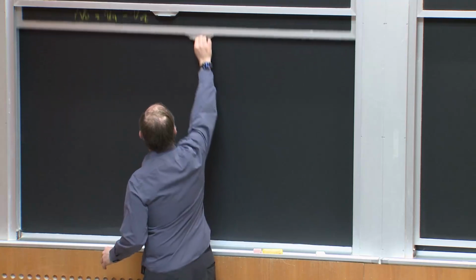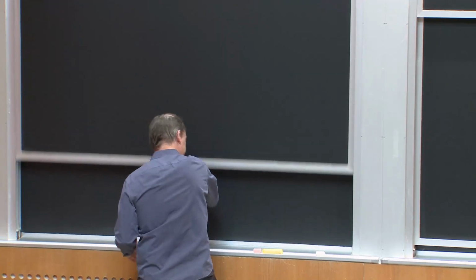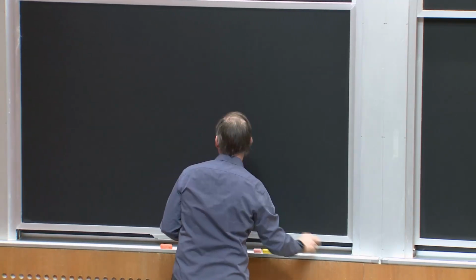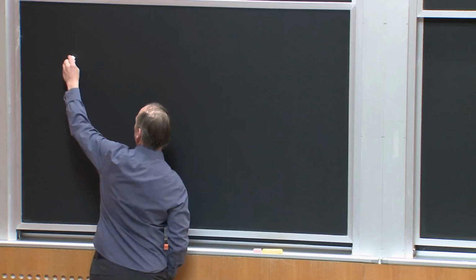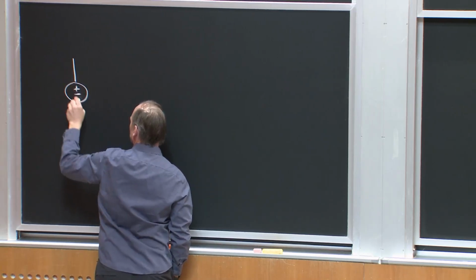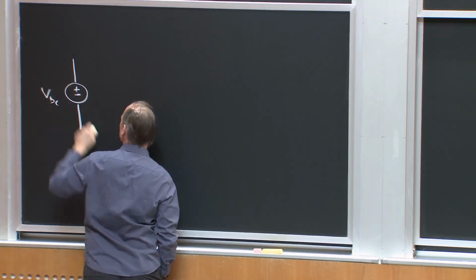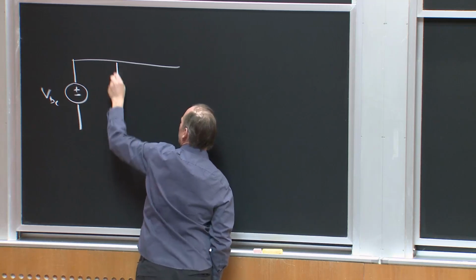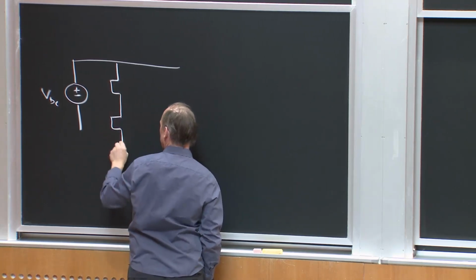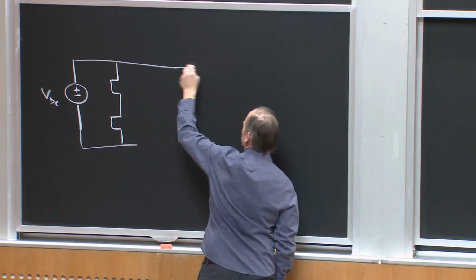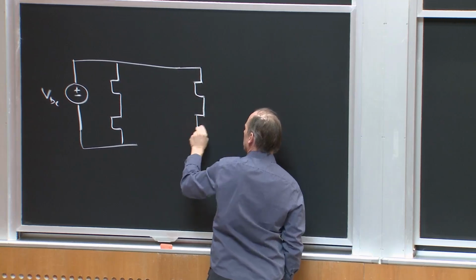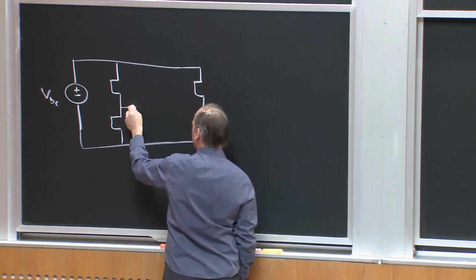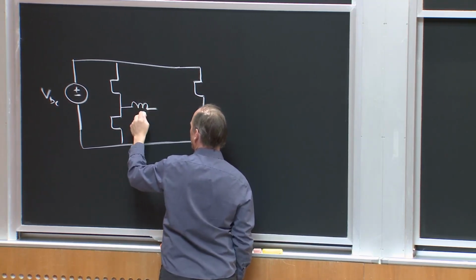So one thing I could think about is building the same basic structure. So here's VDC, and I'll put a pair of switches here, and a pair of switches here, and there's nothing that says I can't combine the filter elements. So here's IL again.